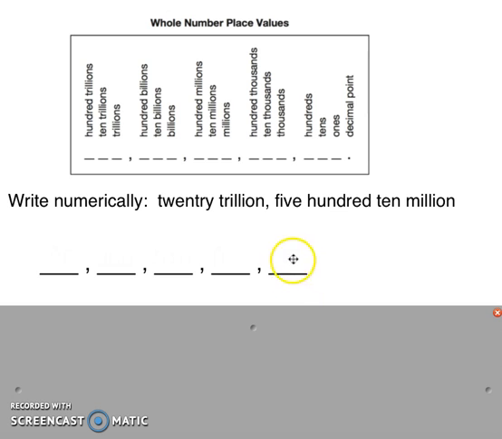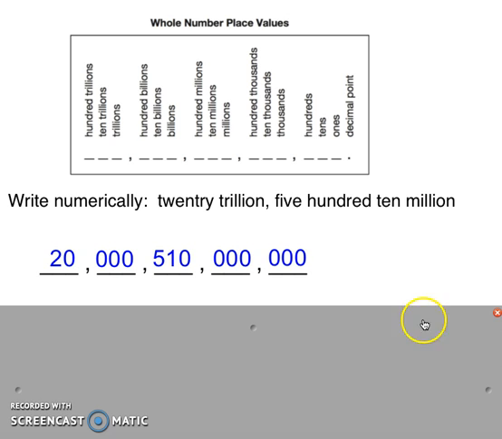So here I've got all my ones and my hundreds. Here's my thousands, millions, billions, trillions. And I know I have 20 trillion, so I can go ahead and put that there. And then 510 million, well, this is the million spot, so 510 goes right there. And then what's going to go in all my empty spaces? Should just be zeros the whole way through.